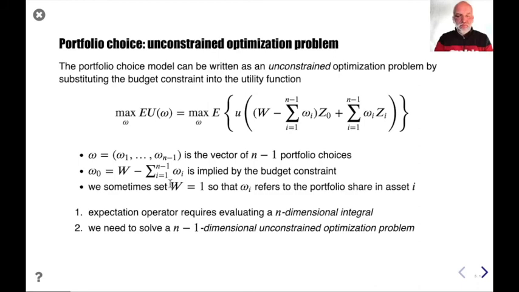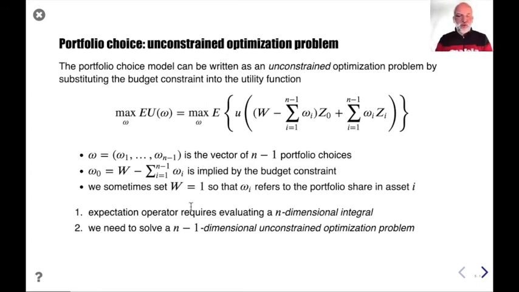You can put wealth equal to other things as well in the software that accompanies the notebook, but I'm going to refer often to omega i's as portfolio shares, implicitly assuming that wealth is normalized to 1.